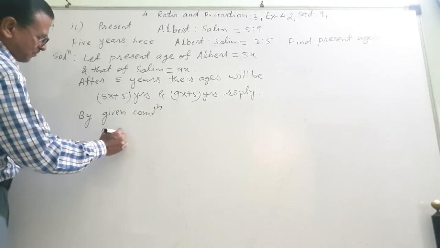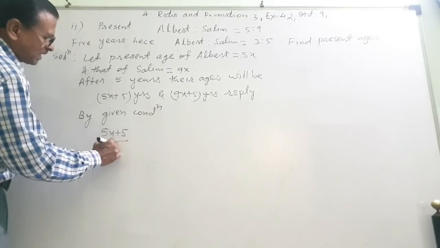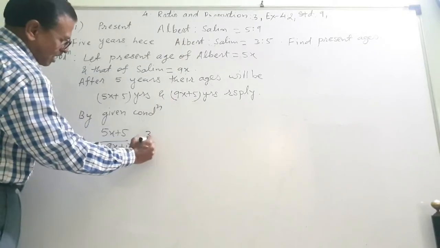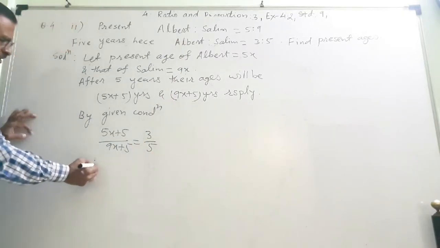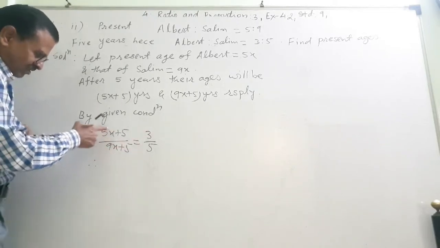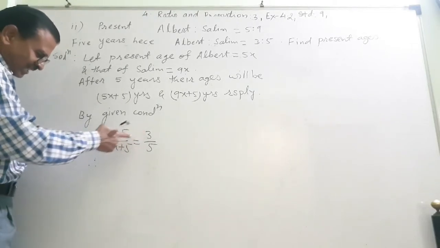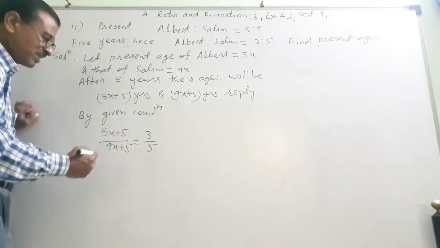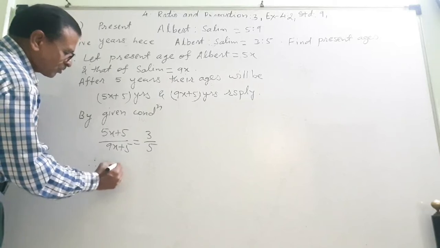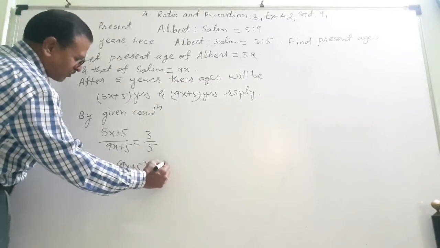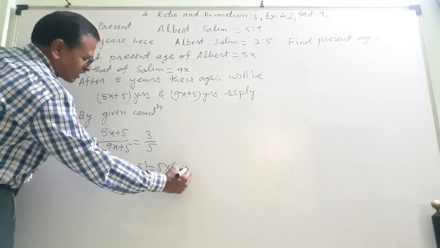5x plus 5 upon 9x plus 5 is equal to 3 upon 5. Therefore, do the cross multiplication. 3 into this is equal to 5 into this. This 9, 3 9s are 27, this is coming bigger, so we should take it here, it will be easy. 3 into 9x plus 5 is equal to 5 into 5x plus 5.